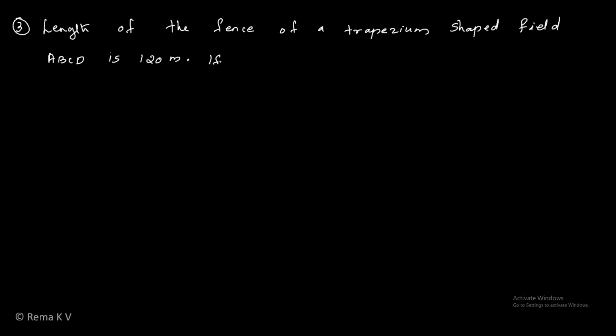If BC is equal to 48 meter, CD equals 17 meter and AD equals 40 meter, find the area of this field.